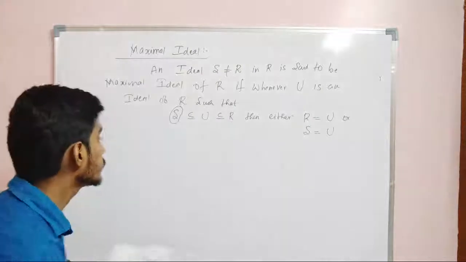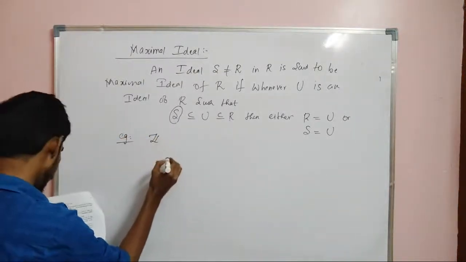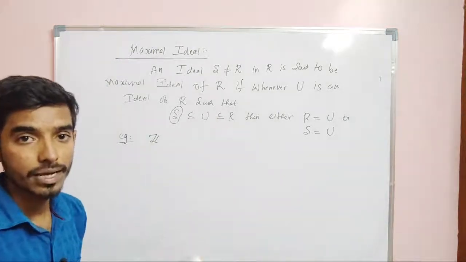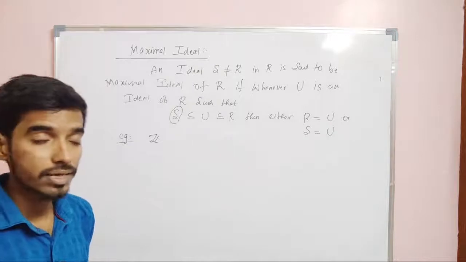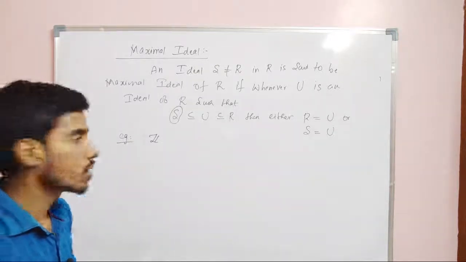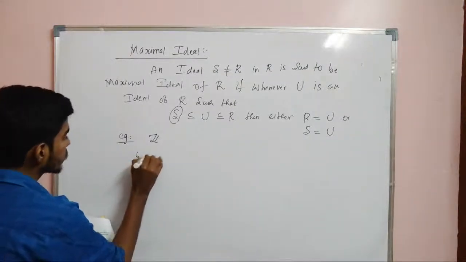So for example, let us take the integers and let us take an ideal. We know that in the integers, every ideal is generated by a single element, right? So if we take an ideal, 6 is not maximal.